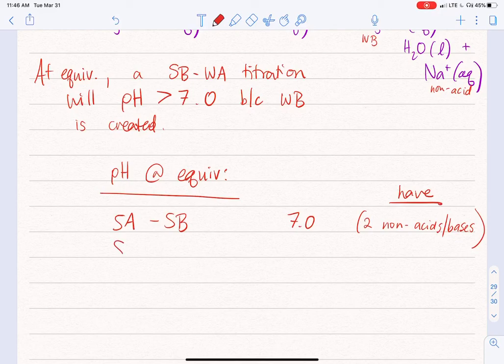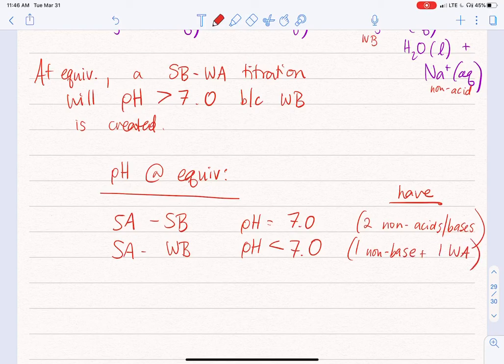For a strong acid, weak base titration, your pH is going to be less than 7 at equivalence, because you are going to have 1 non-base plus 1 weak acid in solution.